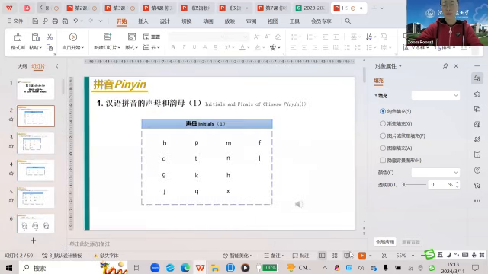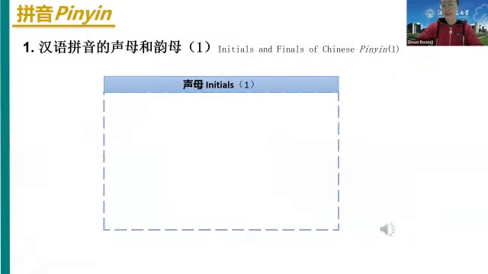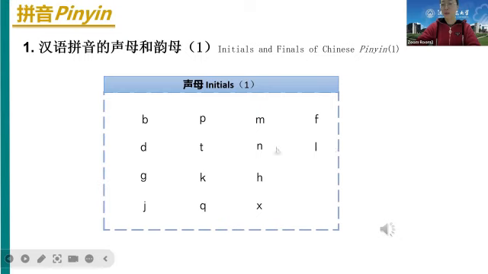Before we start to learn the new lesson, let's still review the initials and the finals we have learned before. Okay, so far we have finished learning all the initials and the finals. You should be able to memorize these initials and finals and read them correctly by yourself.